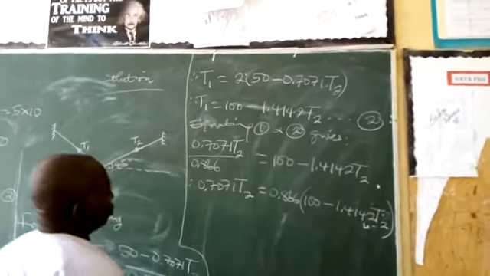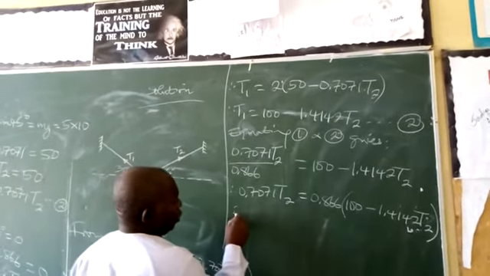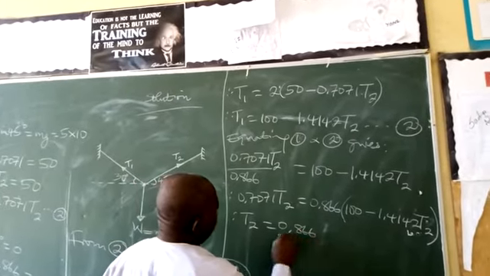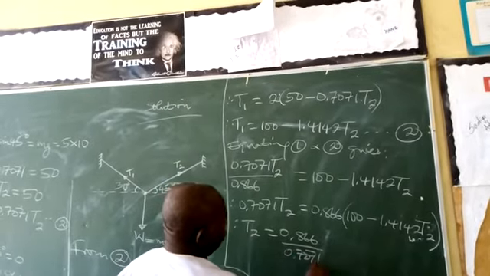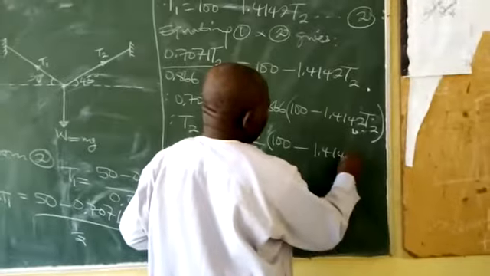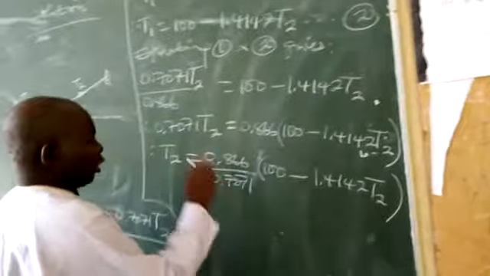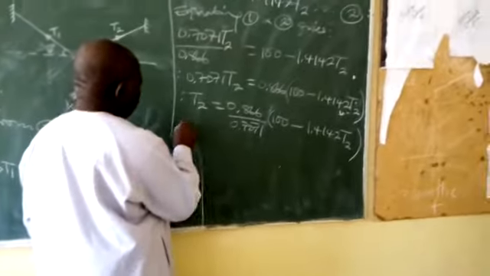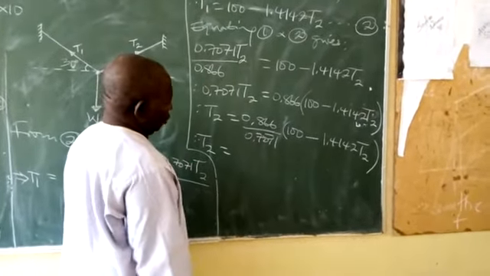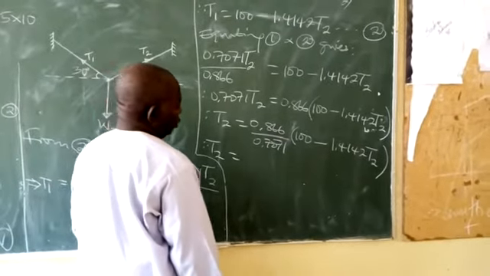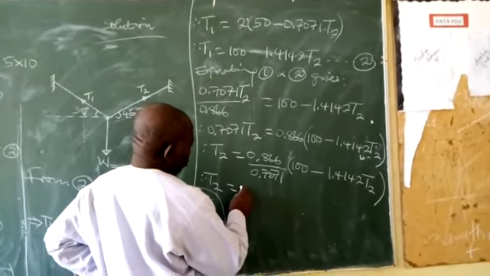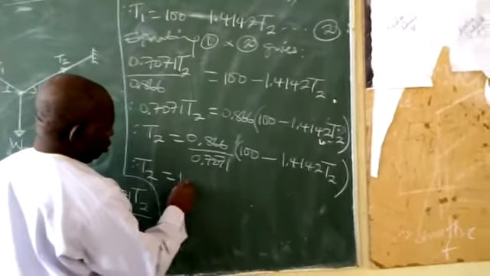Then T2 is equal to 0.866 over 0.7071 into that. Dividing this by this, the answer is 1.2247.